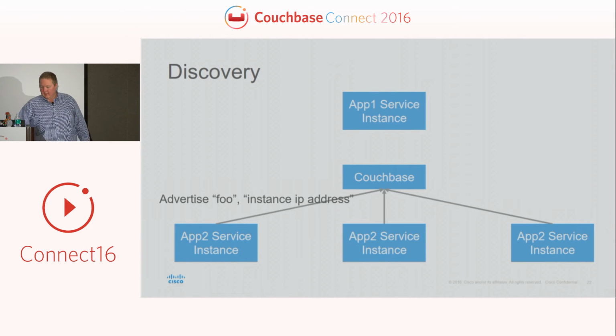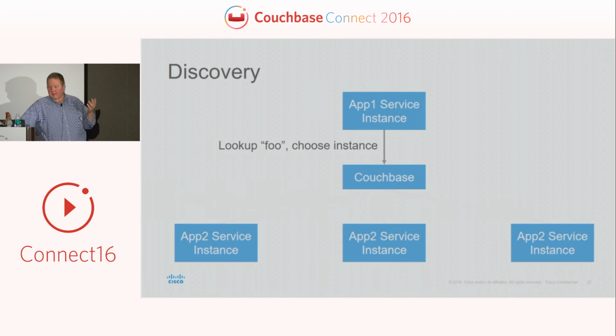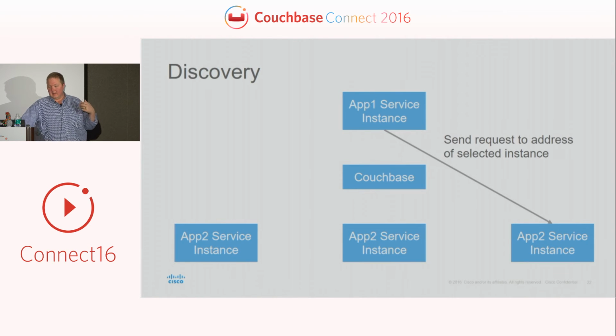So to walk through it: all of your application instances advertise, in this case we'll just say foo, and their instance IP address to Couchbase. Your other application service comes along, says, okay, I need to get foo, pulls the record for foo out of Couchbase, chooses an instance, and sends the request directly to the selected instance.